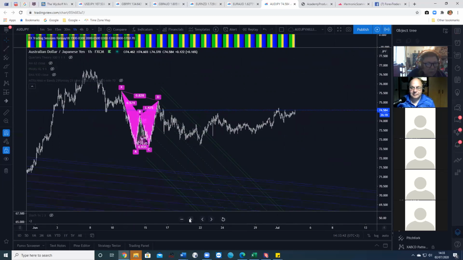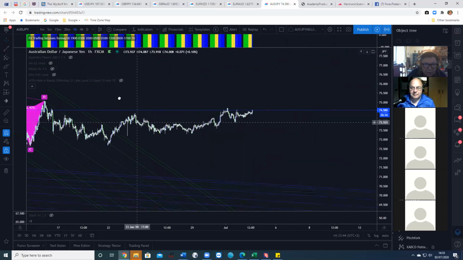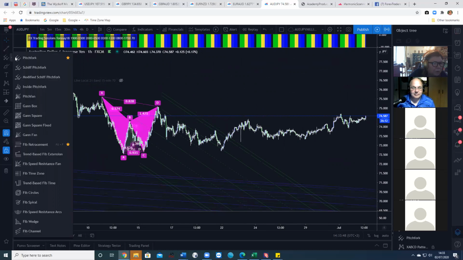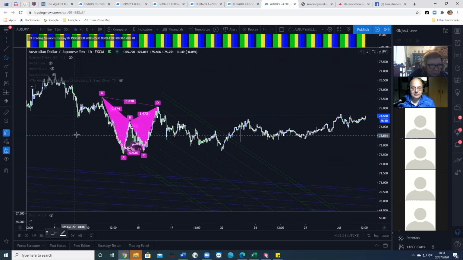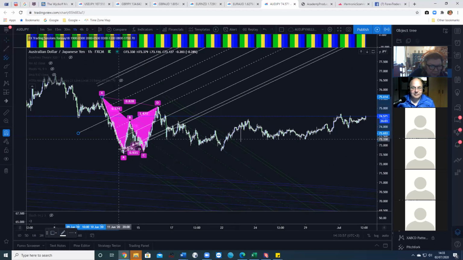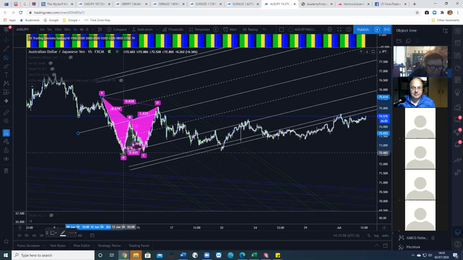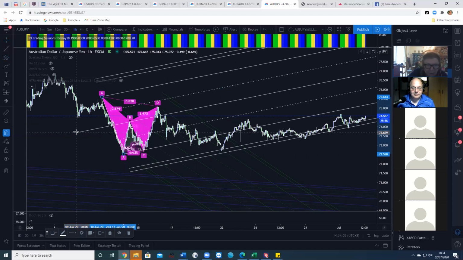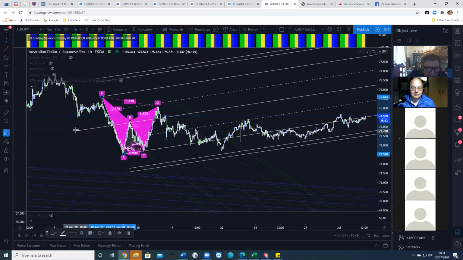So to draw, go to the hourly and get a pitchfork, put this point in the middle of anywhere, and then go X to A, then come down. Then we're going to see if we can line it up, then we'll go down to the 1 minute.